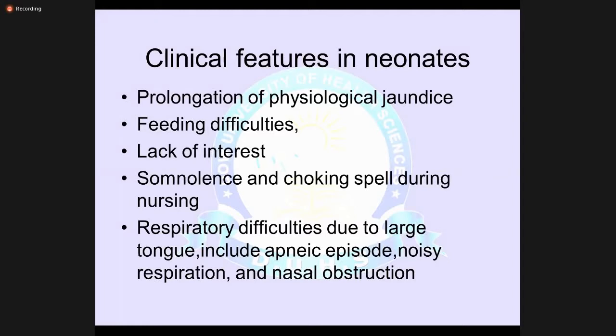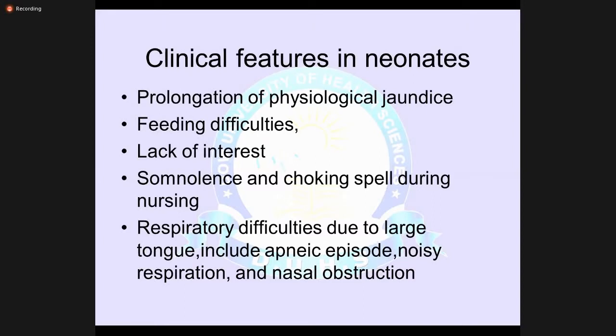But if that physiological jaundice gets prolonged, for example, the child is 21 days of age and is still having jaundice, then one should start suspecting why this physiological jaundice has been prolonged so much. Then you should think that this could be one of the clinical features of congenital hypothyroidism. Let me check the serum TSH level of this child, and if the serum TSH level is increased, then you will diagnose that okay, this is the problem. This patient is having prolongation of physiological jaundice because of congenital hypothyroidism.